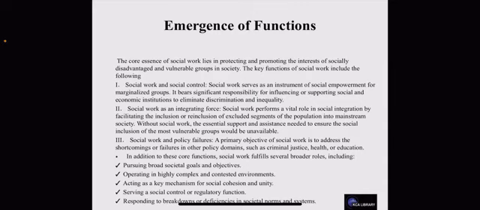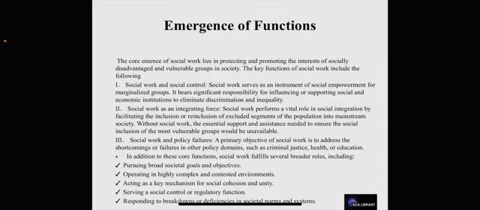We also have number two, social work as an integrating force. Social work performs a vital role in social integration by facilitating the inclusion or re-inclusion of excluded segments of the population into mainstream society. That is to tell us that without social work, the essential support and assistance needed to ensure the social inclusion of the most vulnerable groups would be unavailable or insufficient.